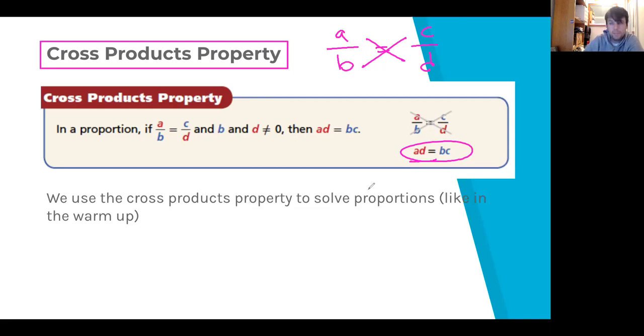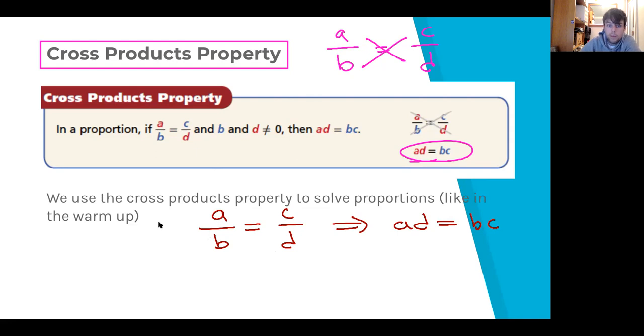Why does that work? Let's just quickly illustrate why that works. It's nothing fancy. Really, all we're doing is applying some properties of equality that we already know about. So I can show that this is equivalent to AD equals BC. All I need to do is take some valid mathematical steps.